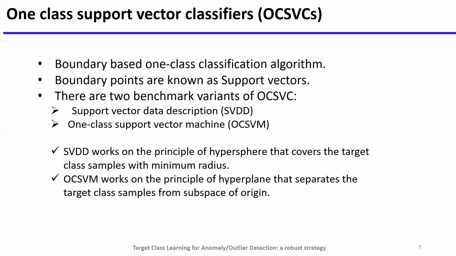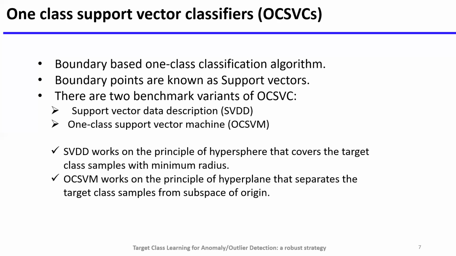The basic difference between these two algorithms is that SVDD tries to draw one hypersphere as a boundary to cover the whole target samples, whereas the one class support vector machine tries to draw one hyperplane such that the target class samples are separated from the origin. We'll see the explanation of both of these algorithms one by one.